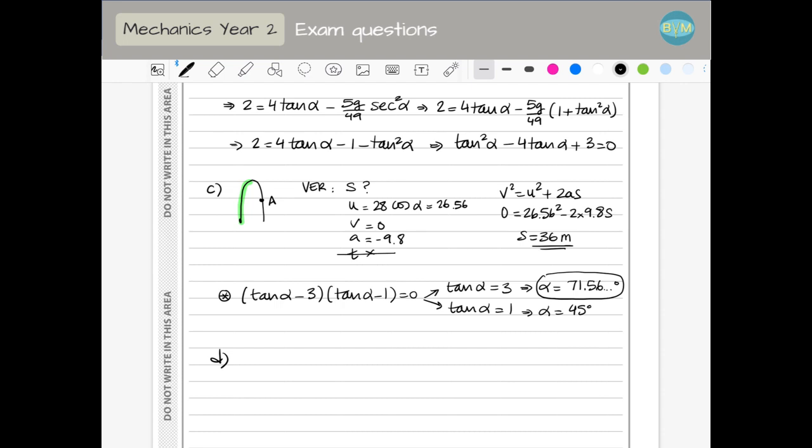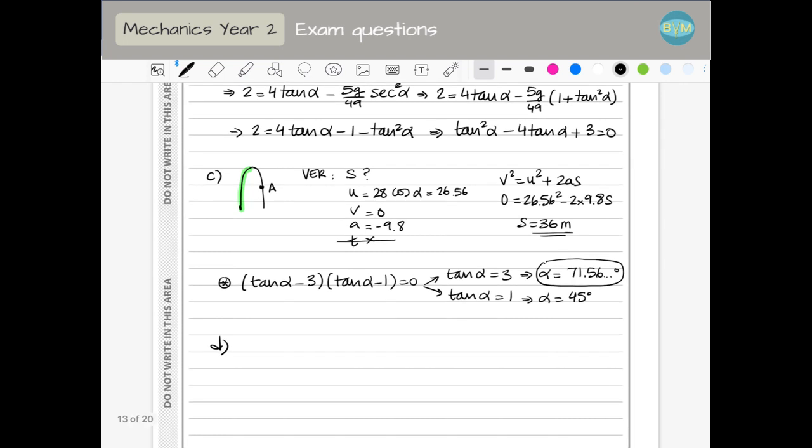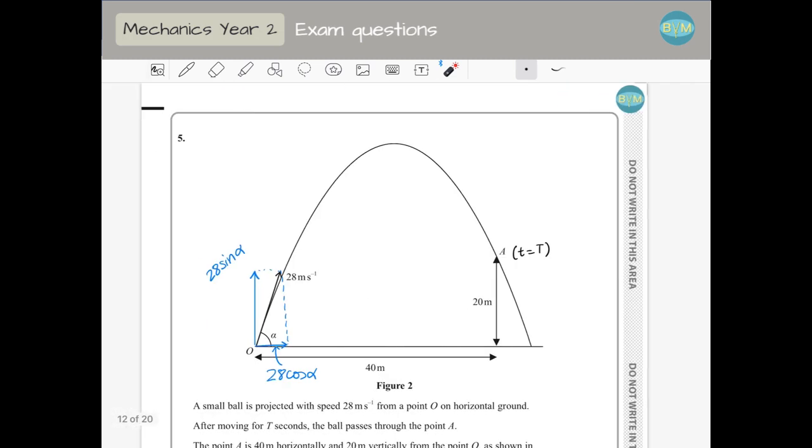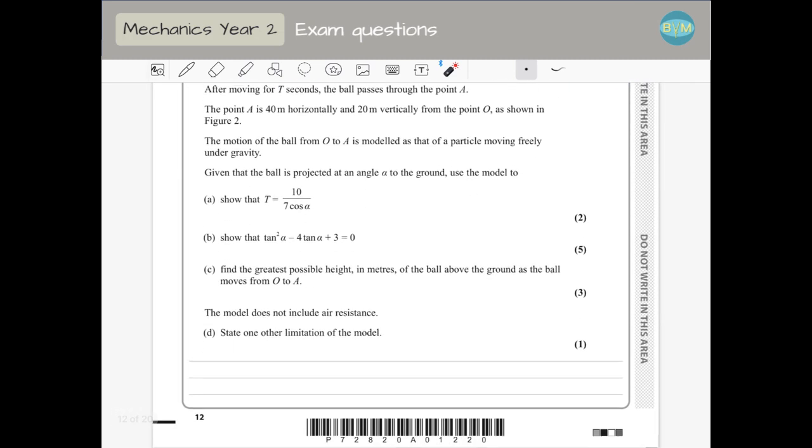So for example, you are ignoring, apart from air resistance, spinning of the ball, like rotational effects, or for example, the wind, or you can mention that you could use a more accurate value of the gravity, but they are not asking you really how to improve it. They are asking you a limitation of the model. So it's better just to mention those things.